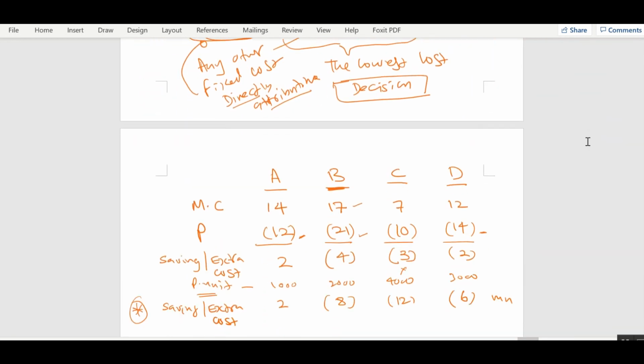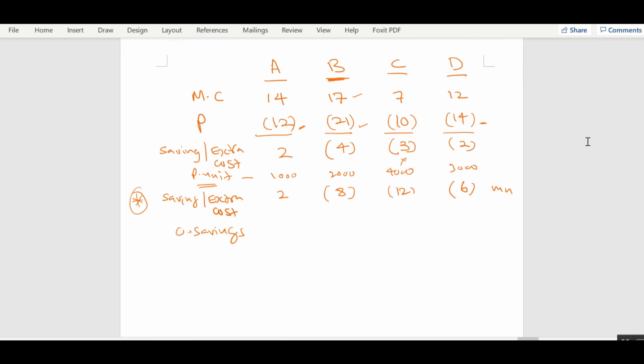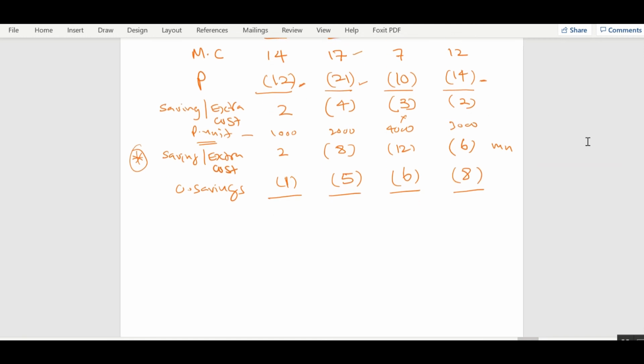So let's take the savings. 1 million saving, and there is 5 million, 6 million and 8 million saving. Basically the saving has to be removed from this. We need to take the difference.